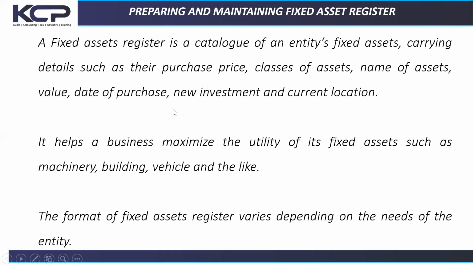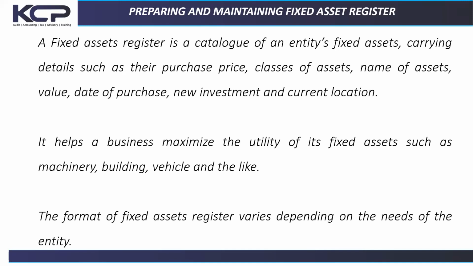All right, so that having been explained, we say a fixed asset register is a catalog of an entity's fixed assets, carrying details such as purchase price, class of the assets, name of the asset, value, date of purchase, new investment, that is the additions to the assets, and the location.